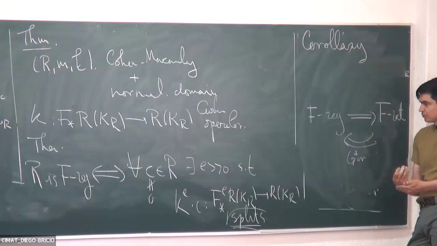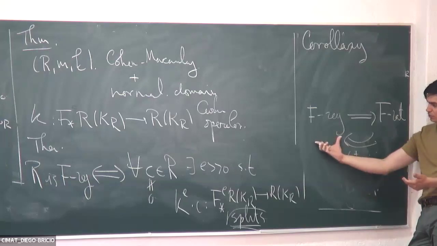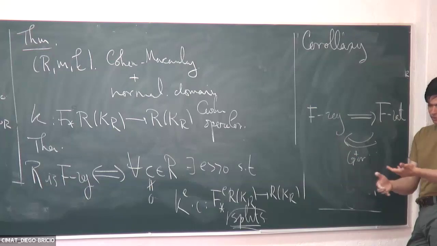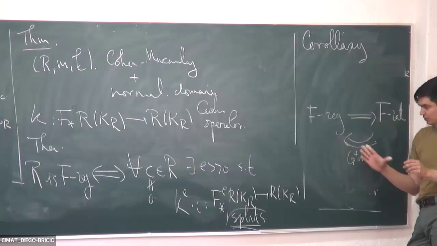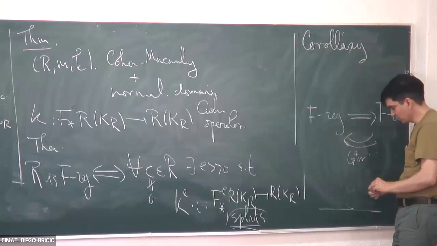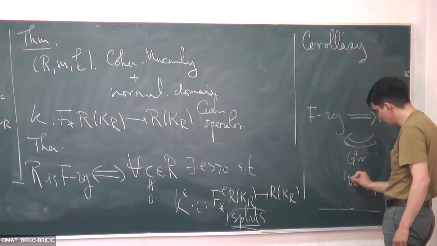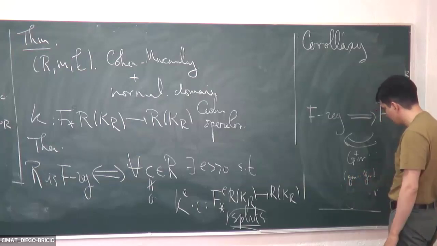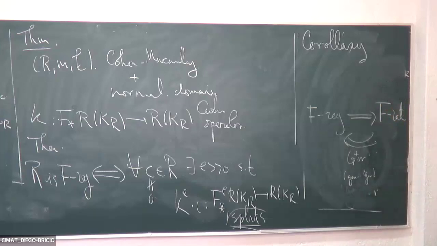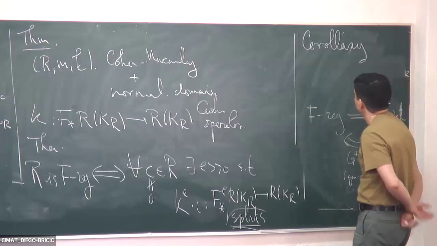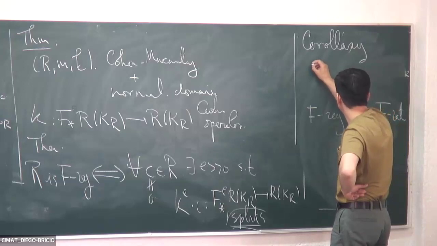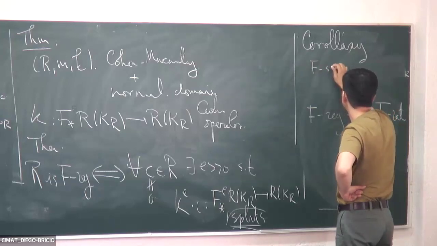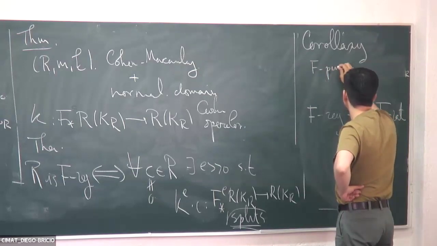So this is way stronger, but you cannot expect it to be preserved if you do certain operations and so on. So you will see sometimes people do it in the quasi-Gorenstein case. And just to complete the picture, we also have the pure case.